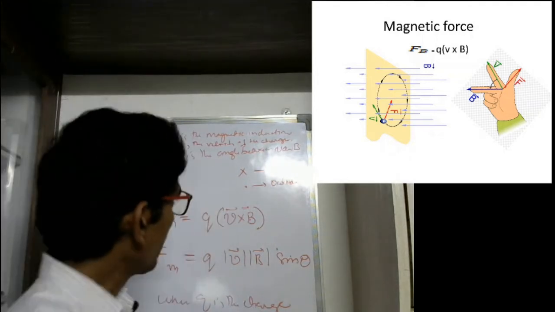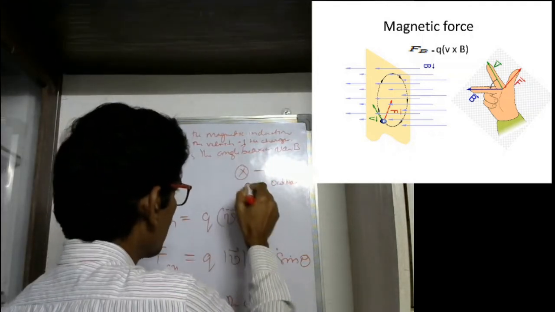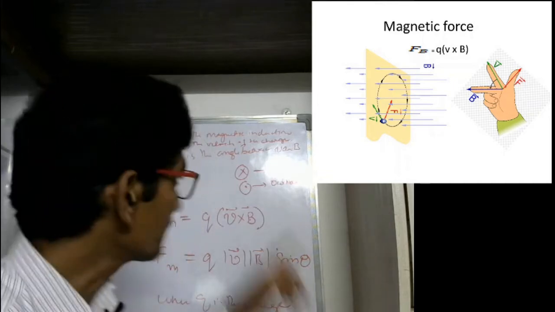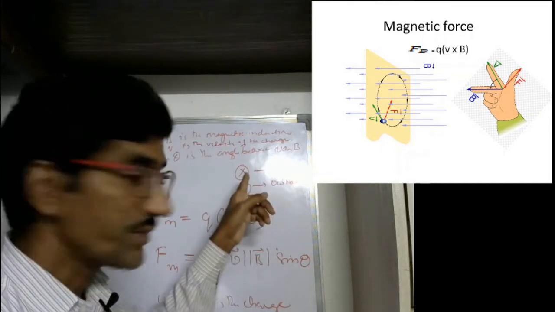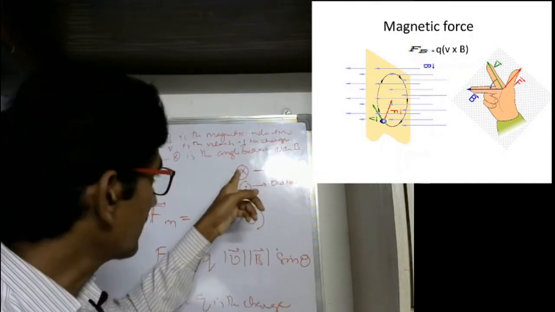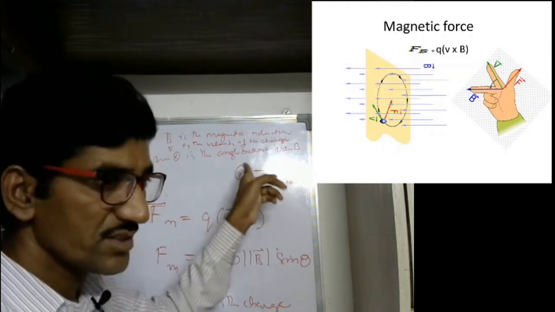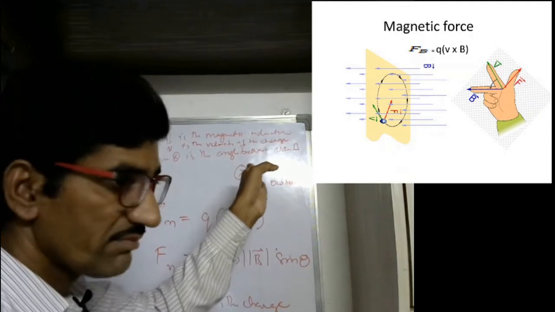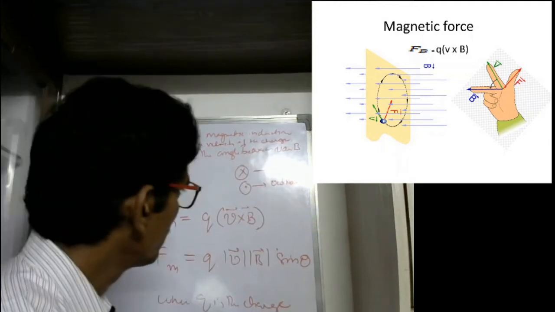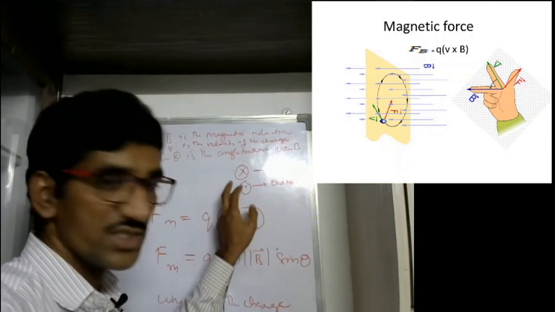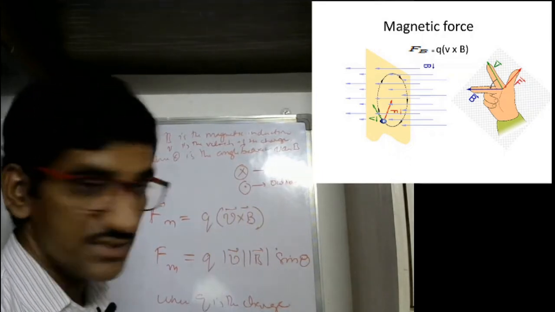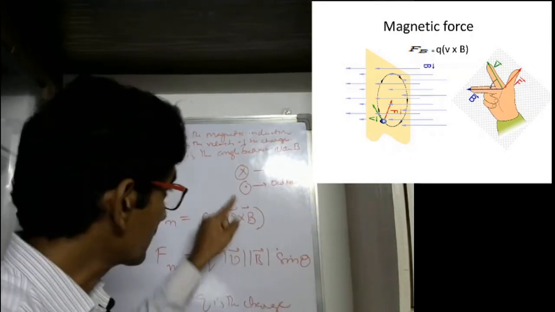We will indicate it like this. A cross means you are just seeing the tail of the arrow going into the board. This gives the direction of the magnetic field inside the board. Next, this indicates that the arrow is coming from outside, and you can just see the tip.